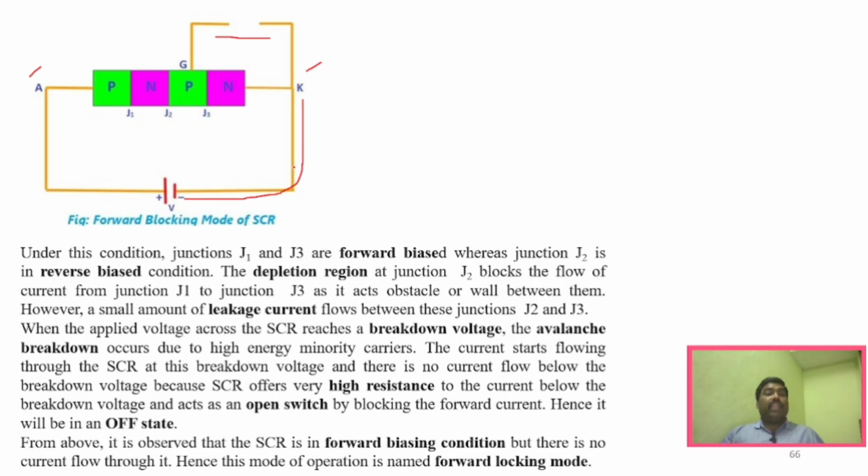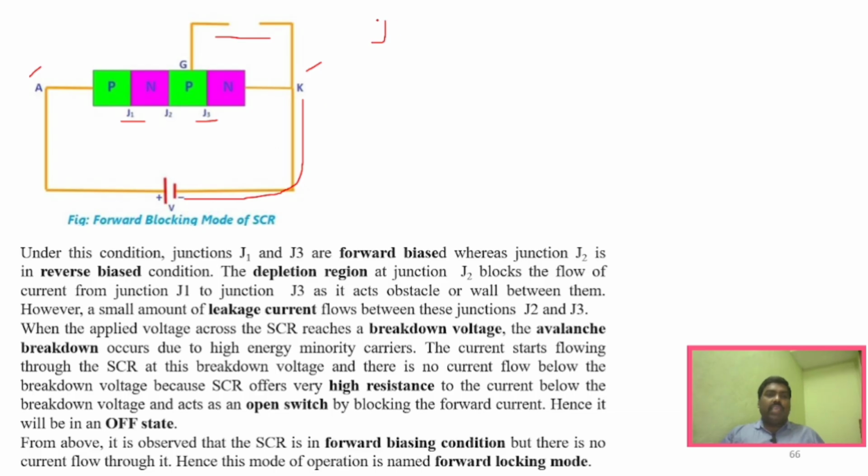By giving this forward bias, I'm giving positive to this P and negative to this N. So automatically, junction J1 is forward biased and J3 is forward biased. For J1, for P I'm giving positive, and for J3, for N I'm giving negative.